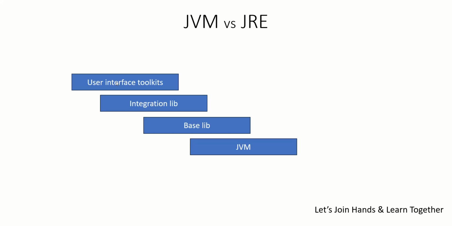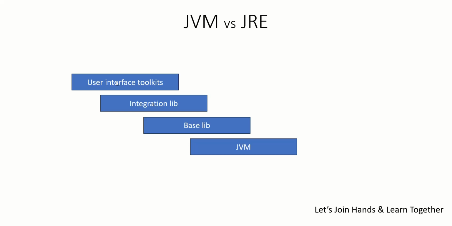User interface toolkits are things like AWT. If you look in the bin folder, we can see awt.dll. These are also present in JRE. And I already told you, the java command is also present in JRE.